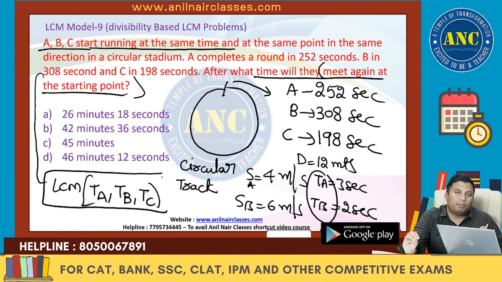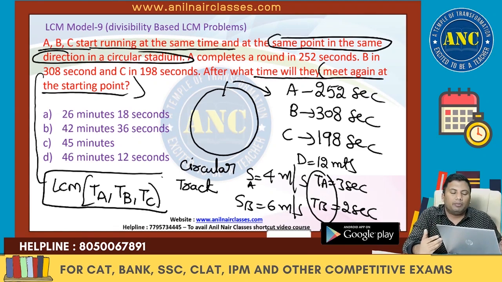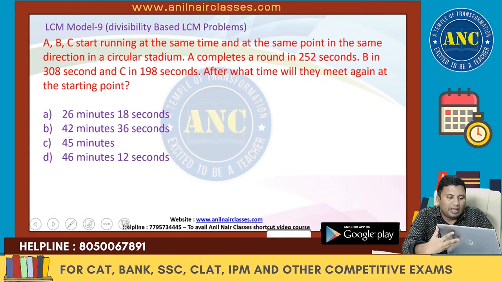If 3 people are starting from the same point and in the same direction, time taken to meet again at the starting point is nothing but LCM of TA, TB, TC. Again in time, speed and distance, after linear track, circular track, I will discuss this point.